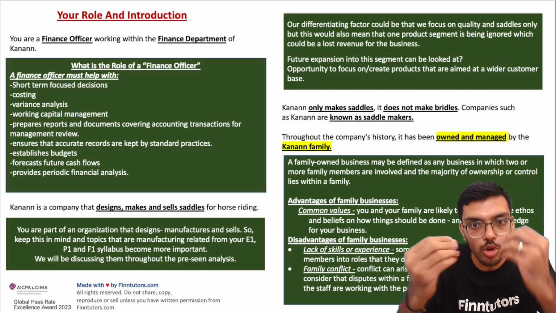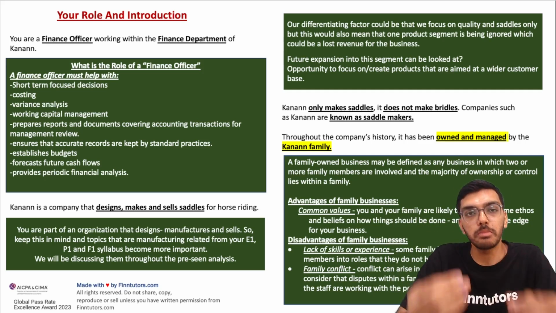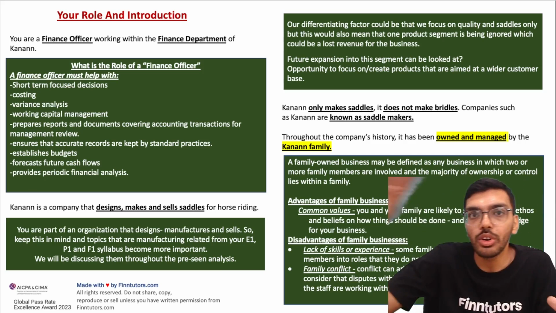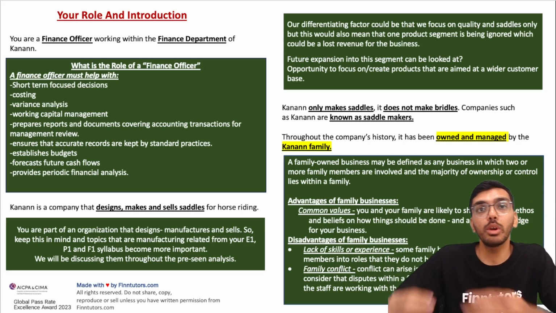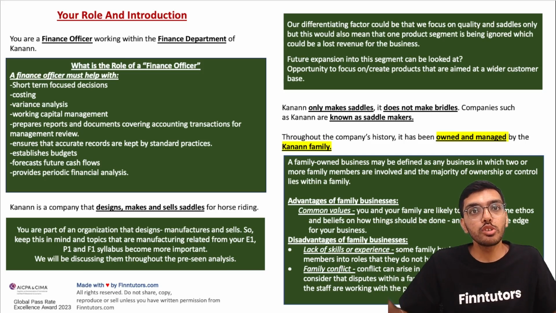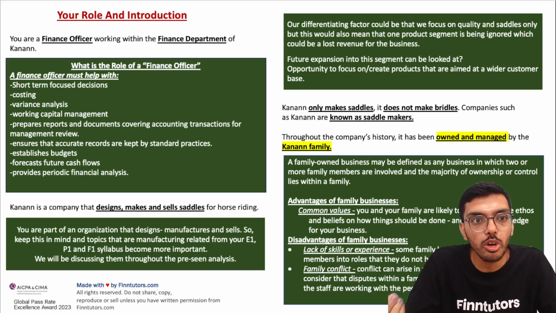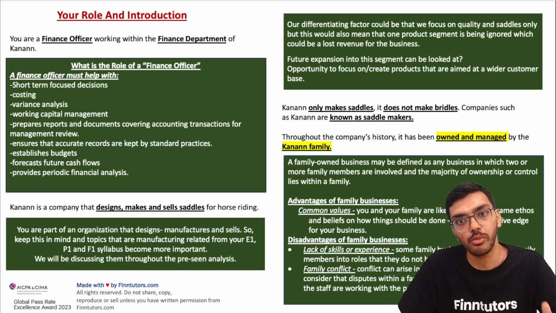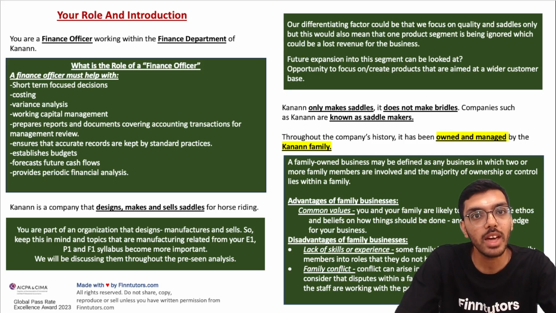But if you don't know what material price variance means, if you don't have that conceptual clarity, how will you relate it to Kanann and how will you present your answer? You don't have anything to start with. You don't have that knowledge in your mind. So to be a good finance officer, E1, P1 and F1 knowledge is vital, very, very important.